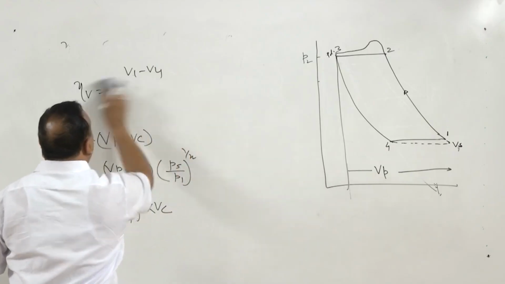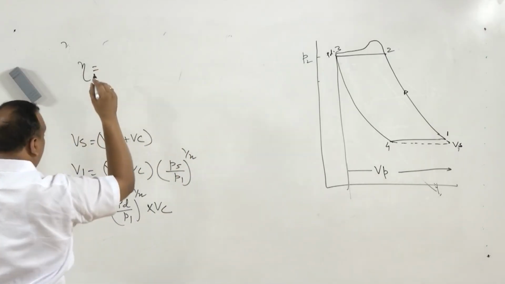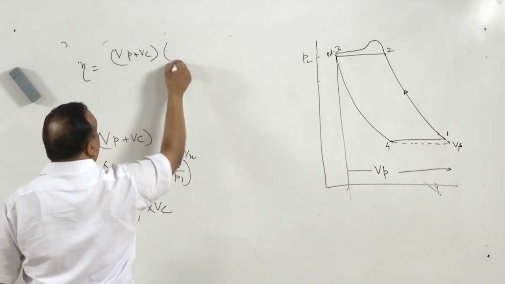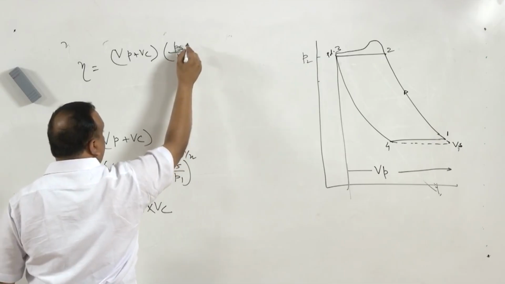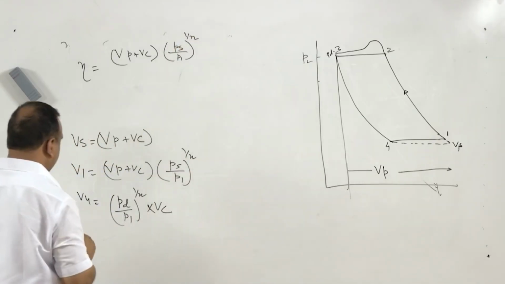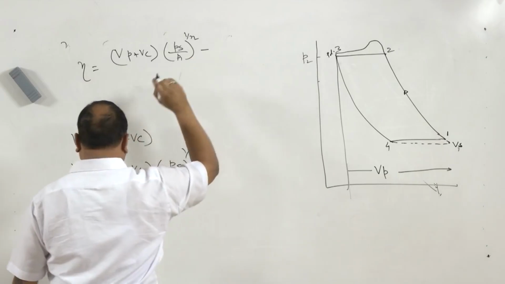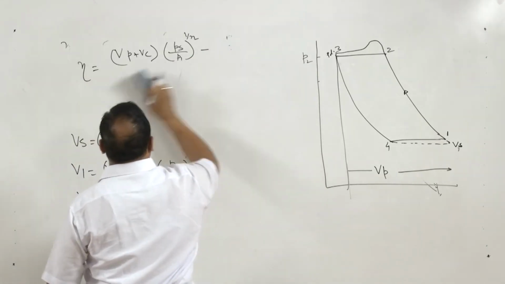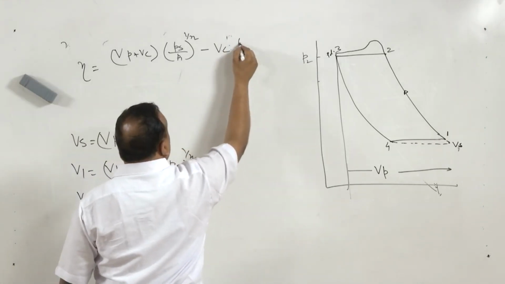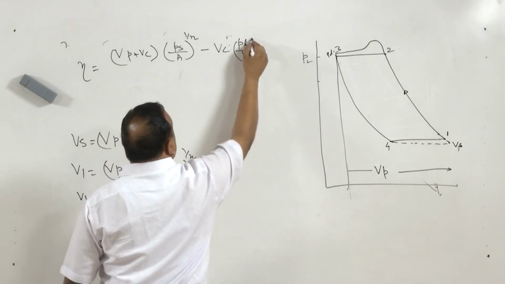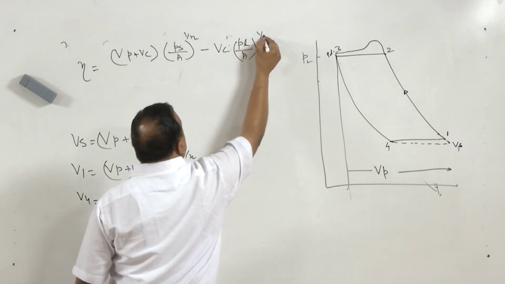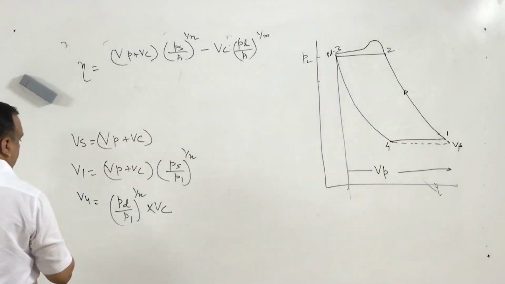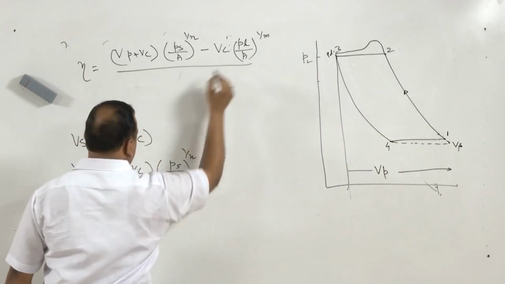So the expression for volumetric efficiency in this case is going to be equal to Vp plus Vc multiplied by Ps by P1 raised to power 1 by n, minus Vc multiplied by PD by P1 raised to power 1 by n, or it can be 1 by m also. The index of expansion can be different from this. So divided by Vp.